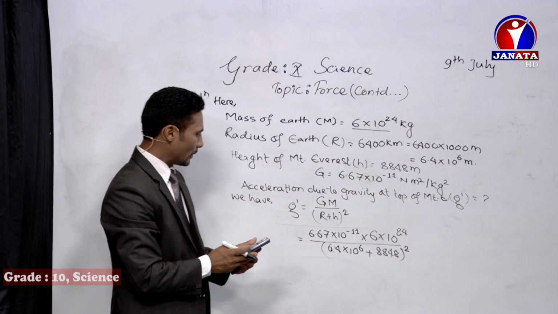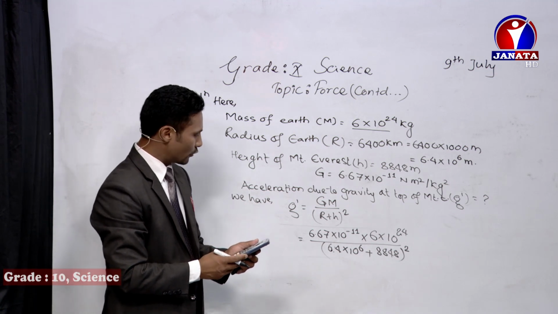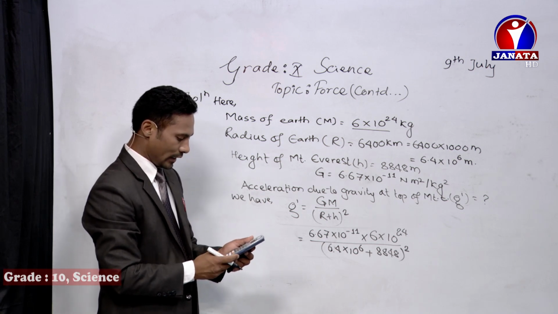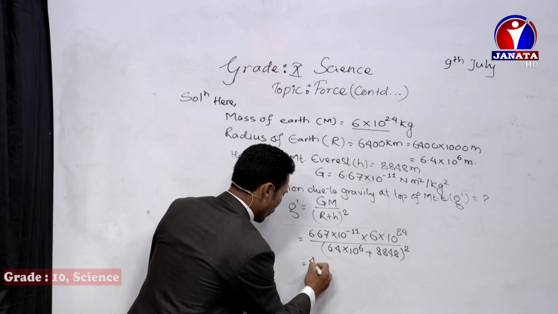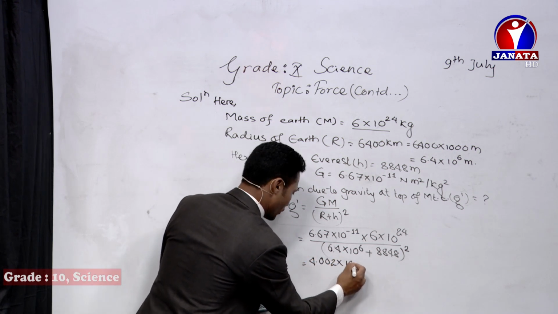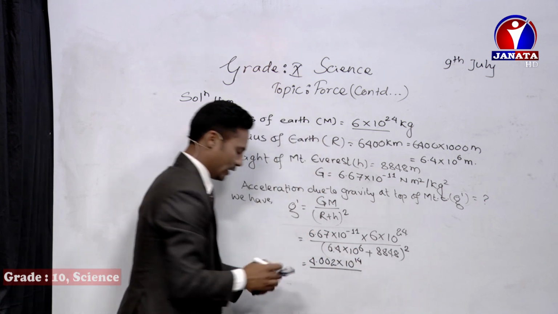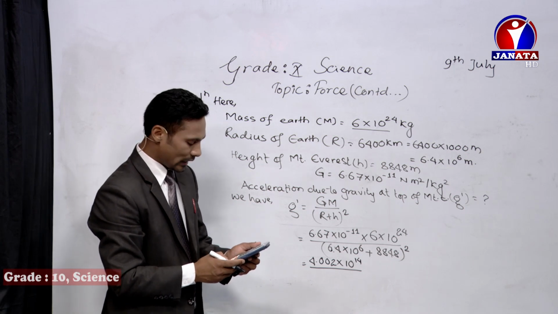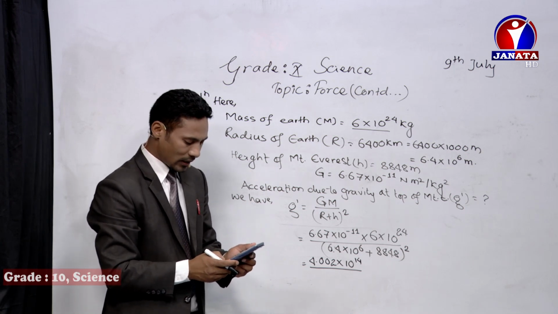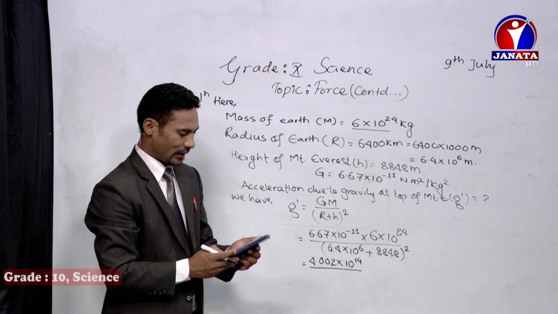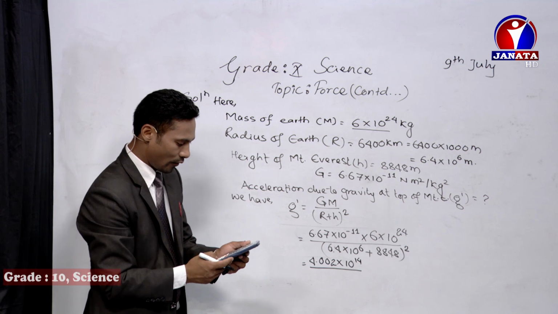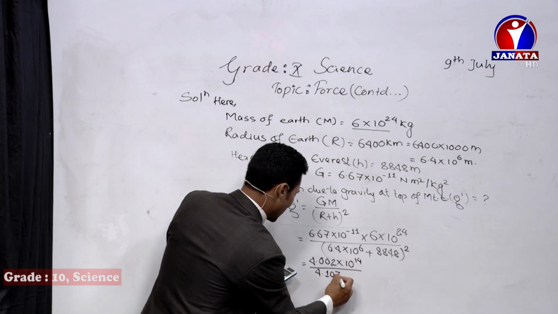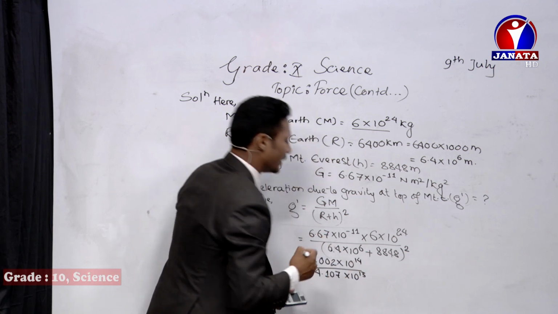The multiplication of 6.67 into 10 to the power minus 11 and 6 into 10 to the power 24 gives 4.002 into 10 to the power 14. Let's simplify the denominator also: 6.4 into 10 to the power 6 plus 8848, squared, gives 4.107 into 10 to the power 13.